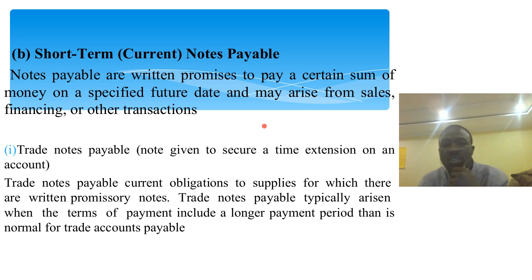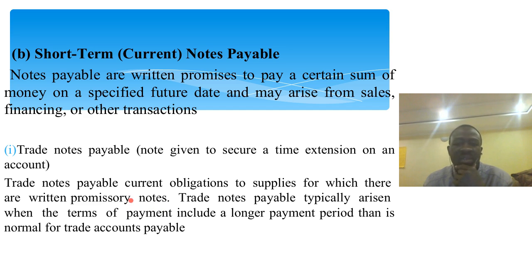Again, for the notes, we have different types of notes. The first one is the trade notes payable. A trade note payable is simply a note given to secure a time extension on an account. So we can say that they are current obligations to suppliers for which written promissory notes are given.